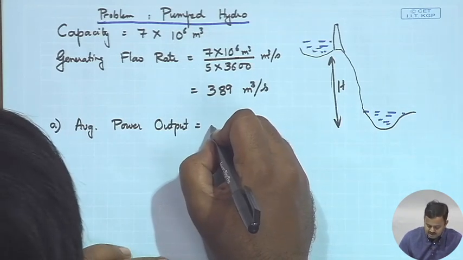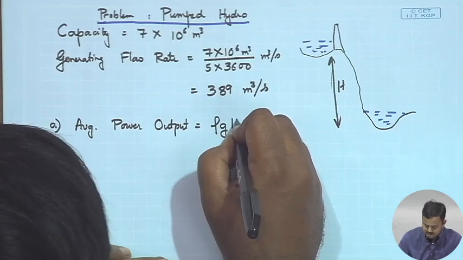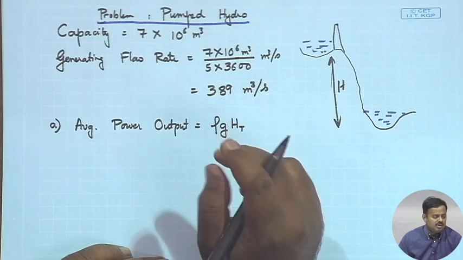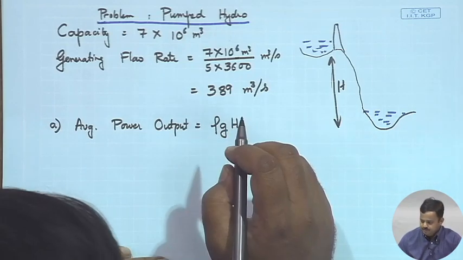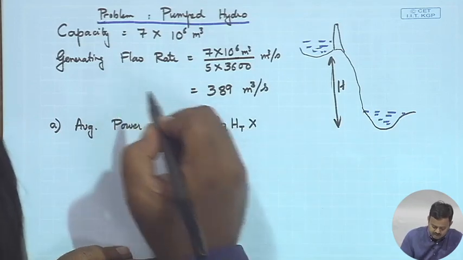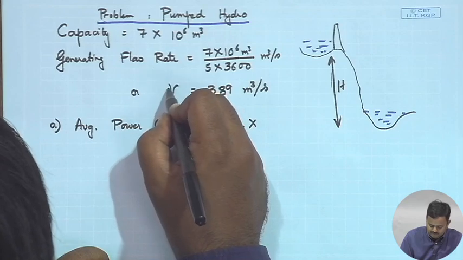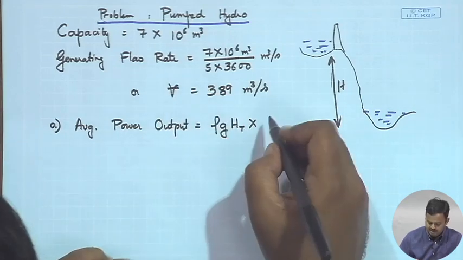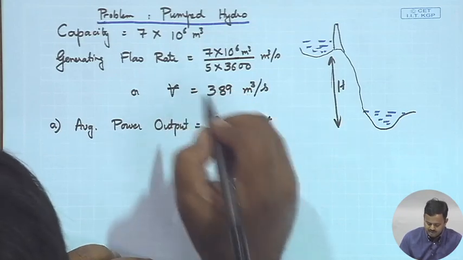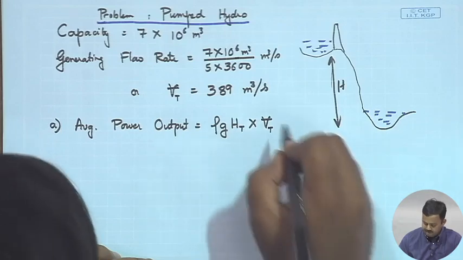So, we can write it as rho g h t, which is the effective head in the turbine, times flow rate. Let me write down here, flow rate normally we denote by V, so you would also write it as Vt, V turbine, okay.